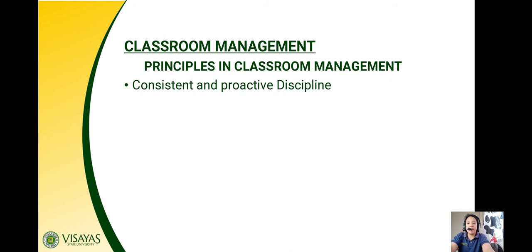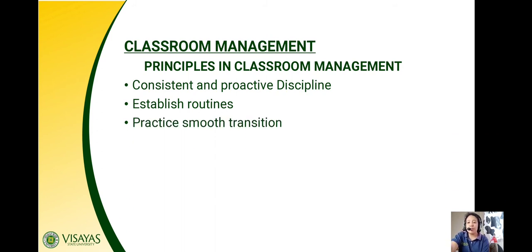Alright, so we have here principles in classroom management. These are some principles that we must bear in our mind. So we have consistent and proactive discipline. So we need to be firm and we need to be proactive. Set the rules prior to the situation, prior na mag-occur yung situation. Next, establish routines. Practice smooth transition from one part of the plan to another.